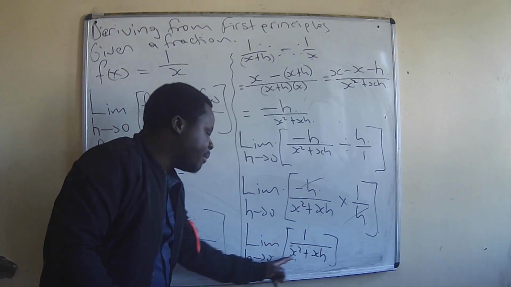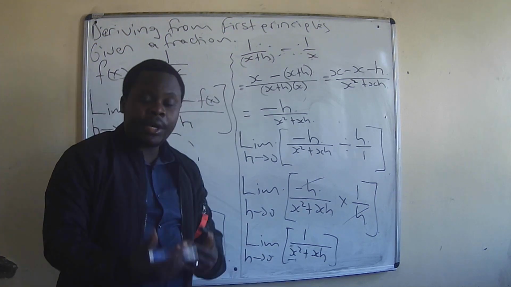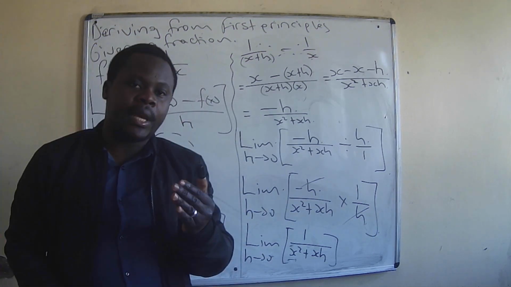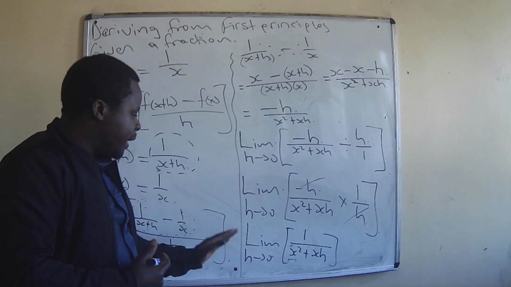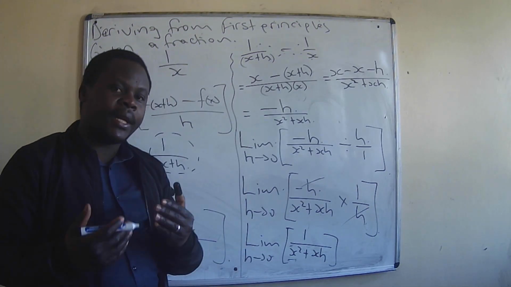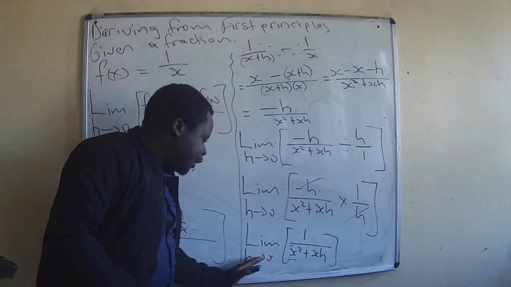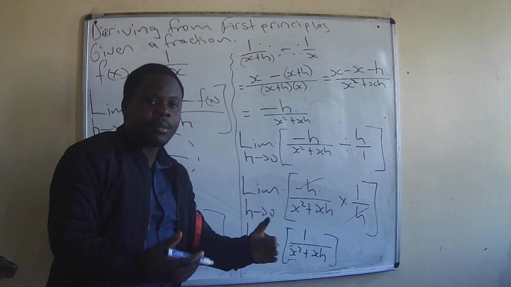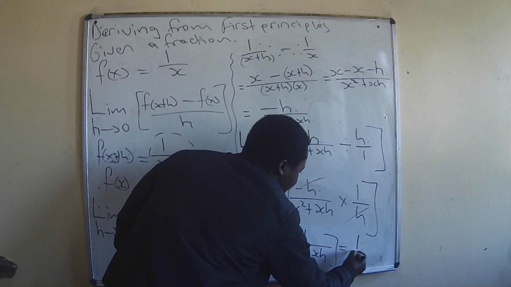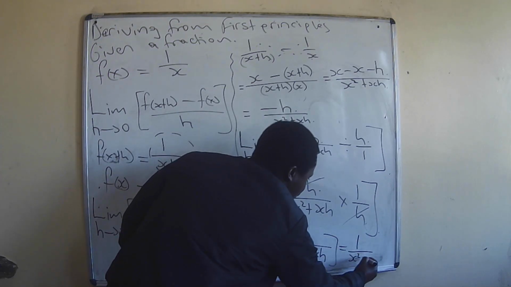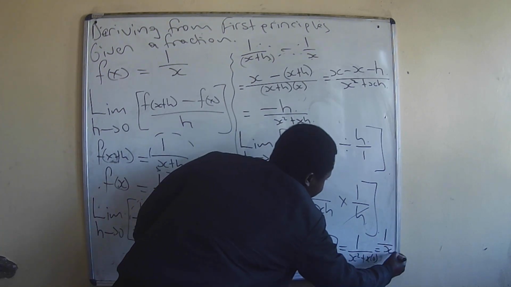Now h can be 0, because the idea of substituting h as 0 is to make sure that we don't substitute h as 0 where it's compromised and the whole denominator becomes 0, so that it becomes invalid. We are trying to avoid that. So we are at a stage where h can now become 0 without making the whole function invalid. Our final answer is 1 over x squared plus x multiplied by 0. So final answer, 1 over x squared.